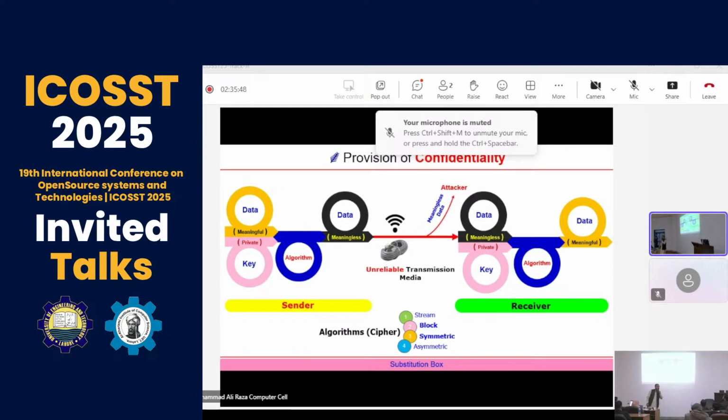Similarly, we have block ciphers which operate on more bits and bytes. There are also algorithms which use the same password at the sender side and the receiver side; these are called symmetric ciphers. And there are algorithms which use mathematics to encrypt with one key and decrypt with another key; these are called asymmetric ciphers.